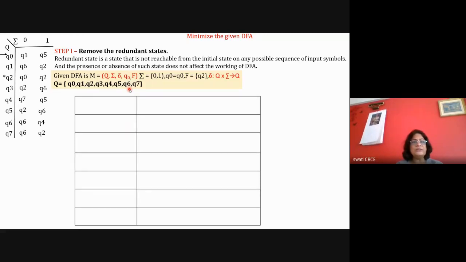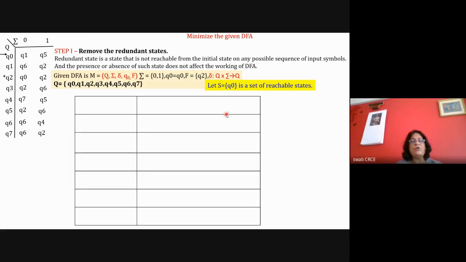Now what I'll do is assume that there is a set S. This is what you have to remember. Set S is equal to {Q0}, a set of reachable states. I have to find the non-reachable states, but right now I don't know which states are not reachable.